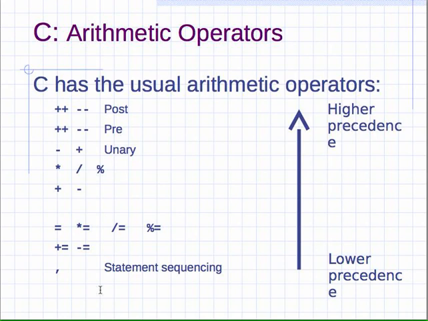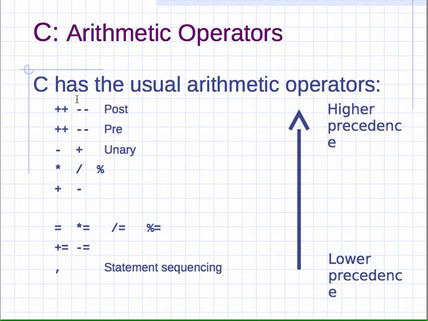C has the usual arithmetic operators, the same kinds of precedence rules. So for example, multiply and divide are higher precedence than addition and subtraction. Higher than multiply is unary, so the minus in -5 has higher precedence than multiply or divide.